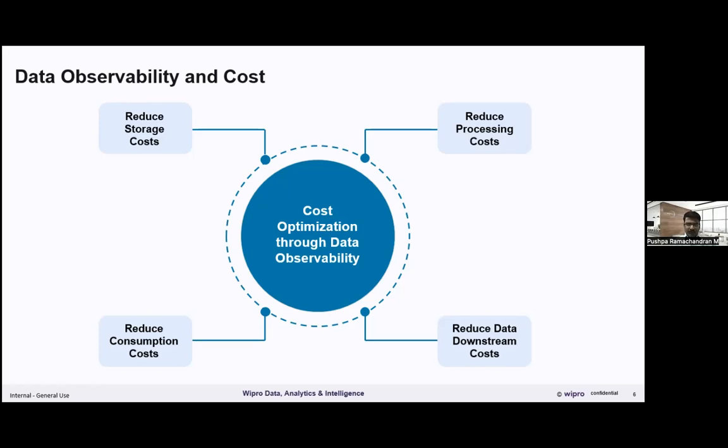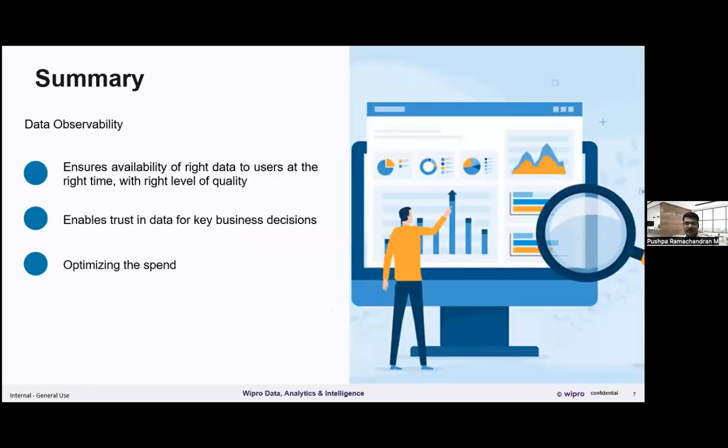So having spoken about data trust and optimal cost and how data observability can help on this, another key emerging area is on supporting business through data governance, right? As all of us know, data governance is not only about a technology aspect, but it is a lot more about business, right? Business data governance.